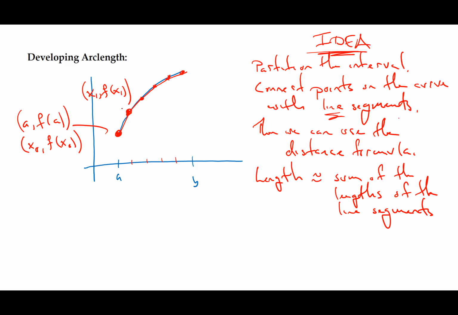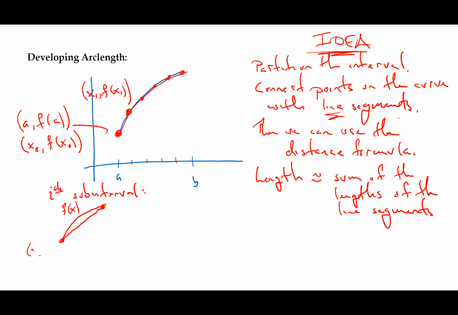And so what we could do is look at, how about the ith subinterval? When I say the ith subinterval, we've got this piece of curve, right? This is the function, f of x. And then we have this line segment connecting the points.